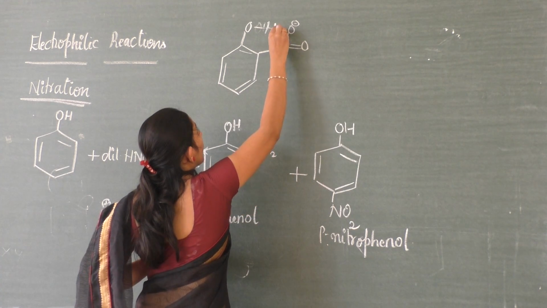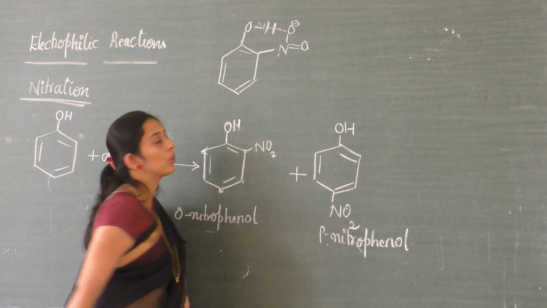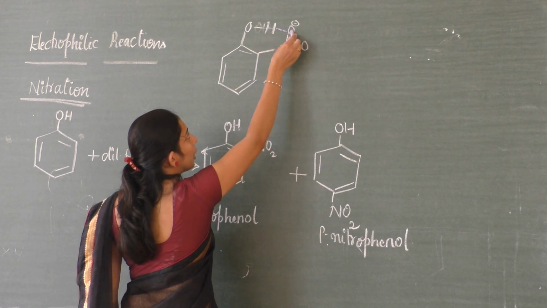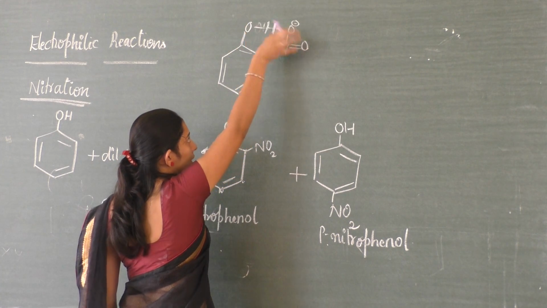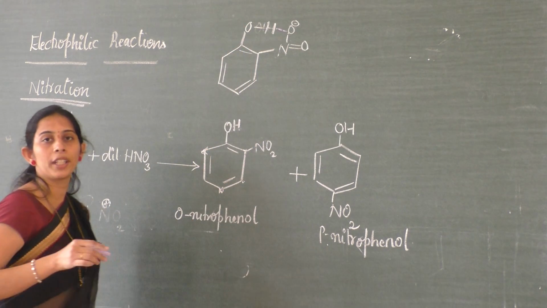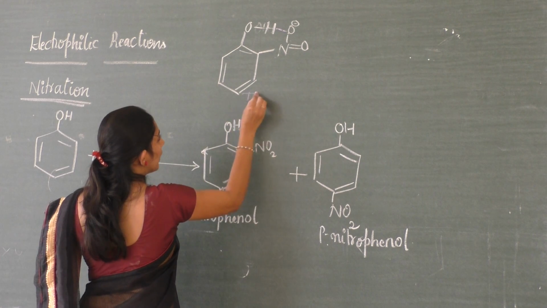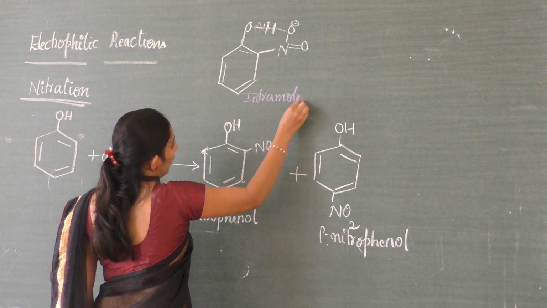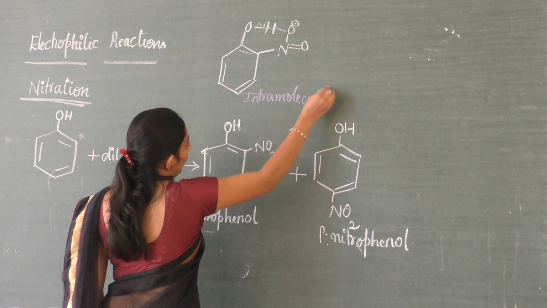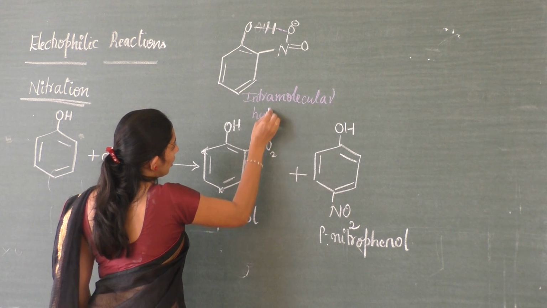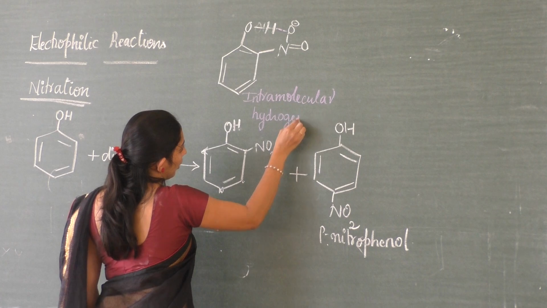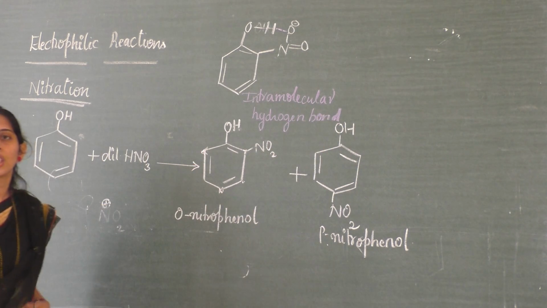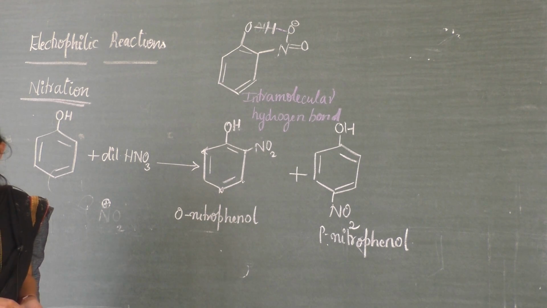Within the molecule there is hydrogen bonding. Since these two are close, within the molecule hydrogen bonding is observed. That is what we call intramolecular hydrogen bond. Intramolecular hydrogen bond is present.